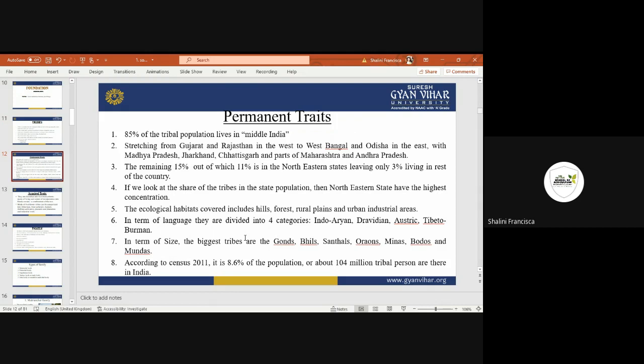The second one is acquired trade. By the name, it means they have taken some points from others. We will talk about them in a later session. Let's talk about what permanent trades are.